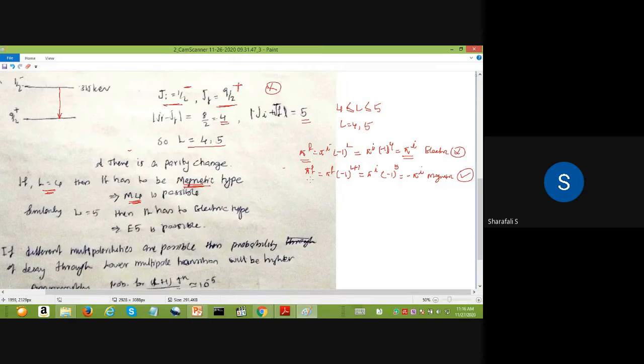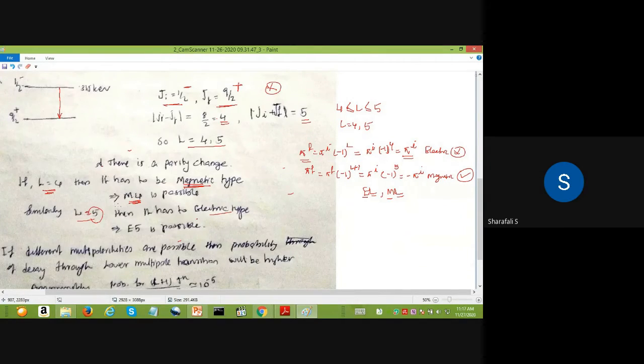We can say M4 because in general we write it as EL or ML. So this is E for electric and L for the angular momentum of that photon, and M for magnetic, L is for that same angular momentum of that photon. So if you consider similarly L equal to 5, then it has to be electric type, as you can get very easily because 5 is an odd number.